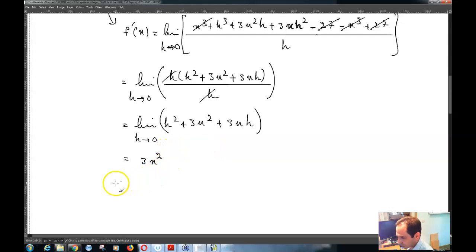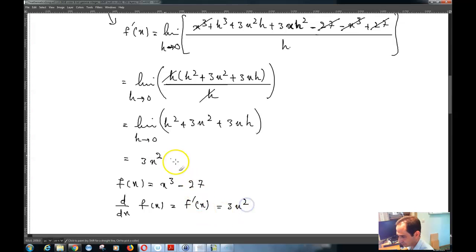So that means that when your f of x is equal to x cubed minus 27, then d by dx of f of x, which is equal to f prime of x, using the first principle of the derivative, or you could use really anything, but using the first principle, is equal to 3 times x squared.